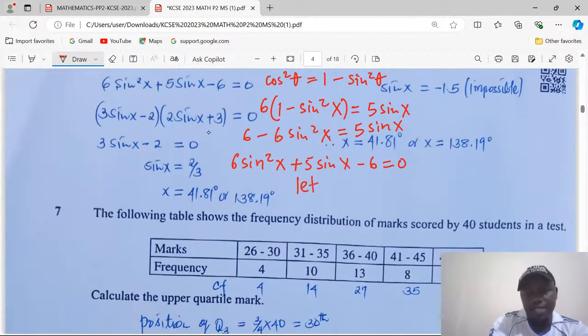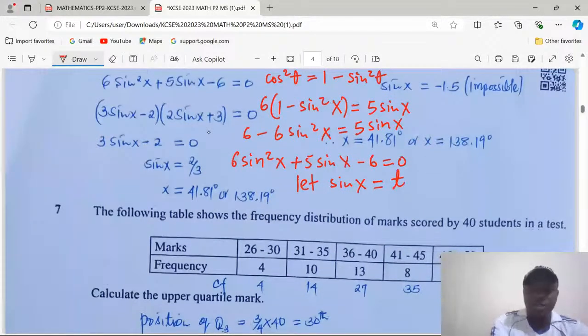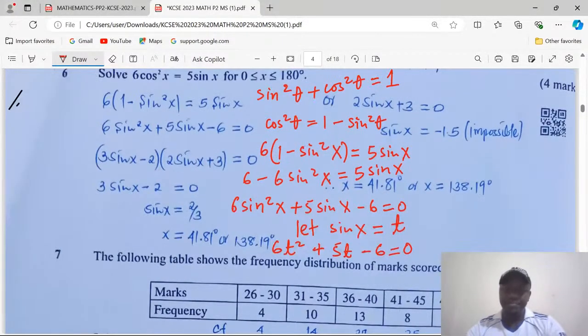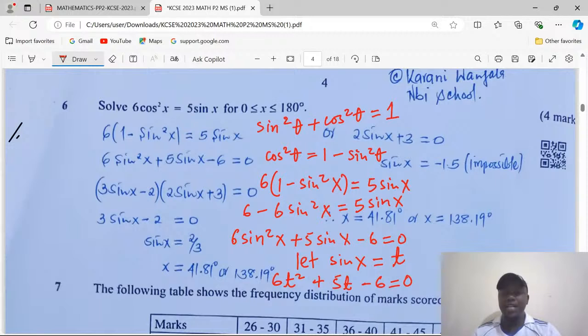If we let sine of x be t, then we have 6t squared plus 5t minus 6 equivalent to 0.